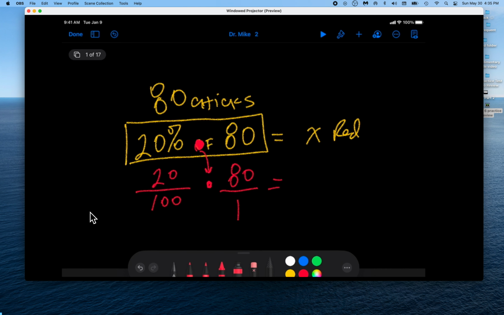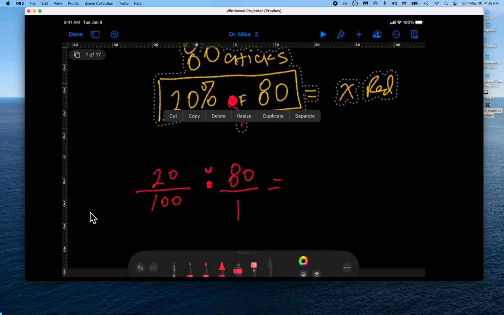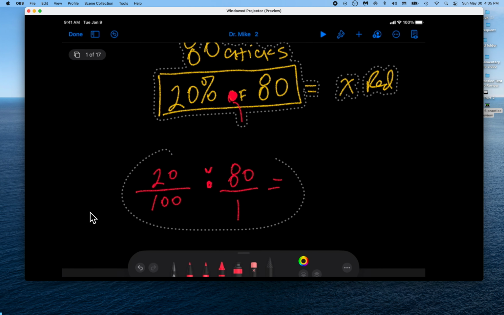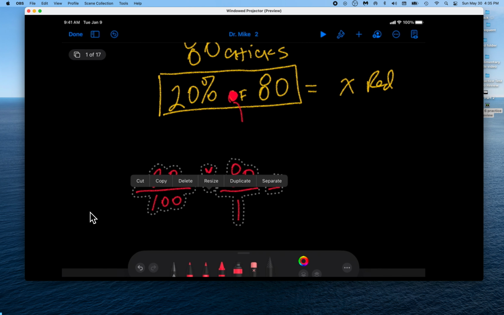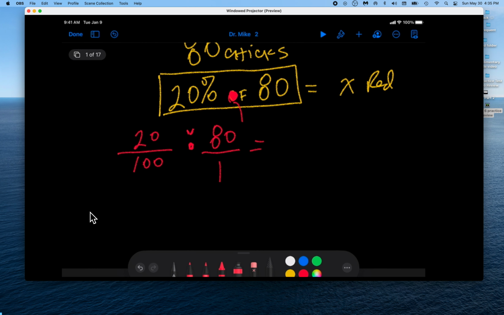Okay, let's make some room. Talk about how to do that. Okay. How do we do this? When you have a fraction and you're multiplying, you are allowed to multiply straight across.